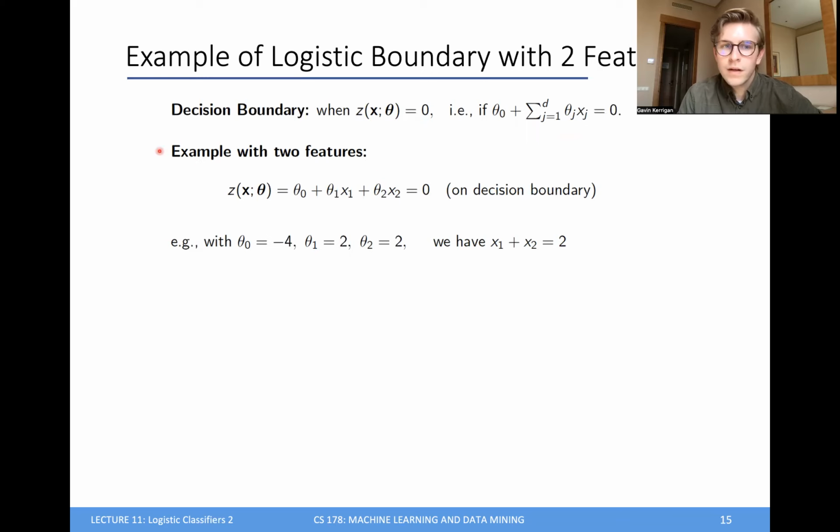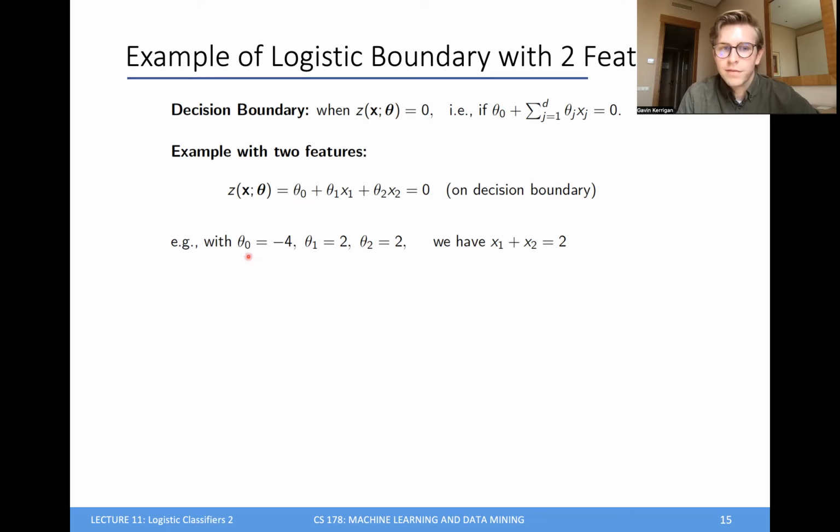So let's do a slightly more concrete example. Let's say we have just two features in our data set, x sub 1 and x sub 2. To write down an equation for the decision boundary, we set our score function, our linear combination, equal to 0. So any data points, x sub 1 and x sub 2, that satisfy this relationship, that the score is equal to 0, are going to be the points on my decision boundary.